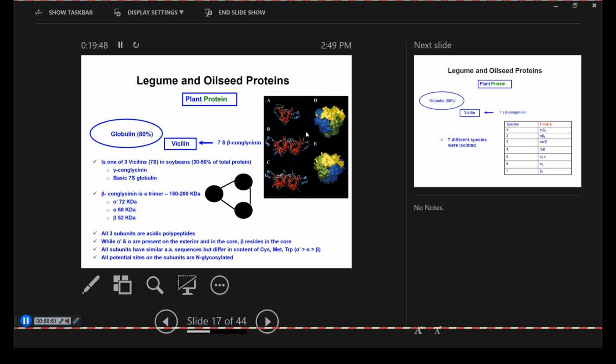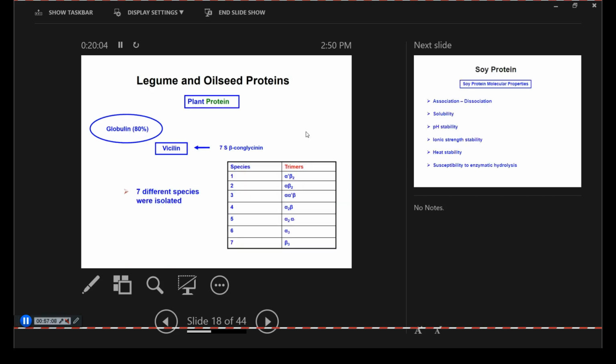We have similar homology or similar sequences, so they have high homology, but they could differ in cysteine, methionine, and tryptophan in this order. And they're highly glycosylated. All potential sites are glycosylated. Again, there were different species that were found of the beta-conglycinin.